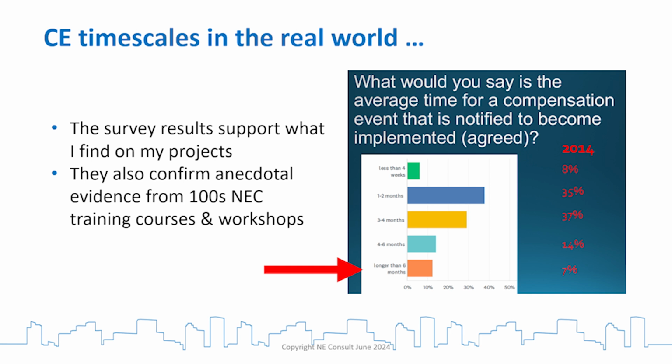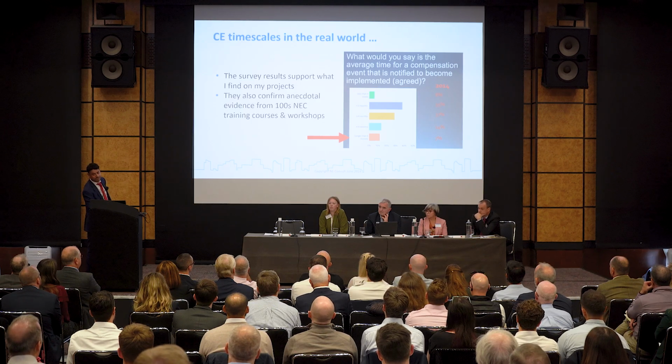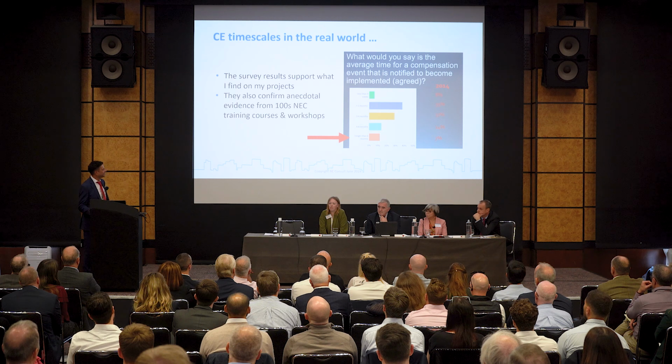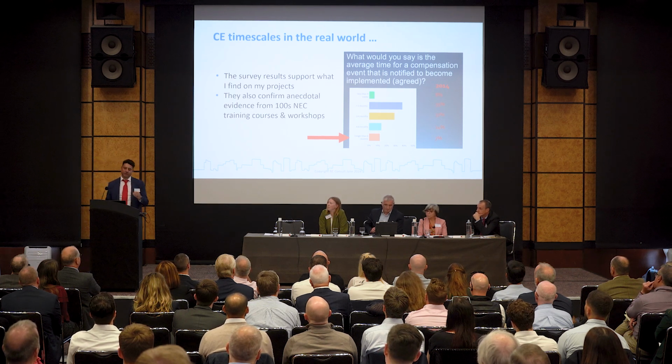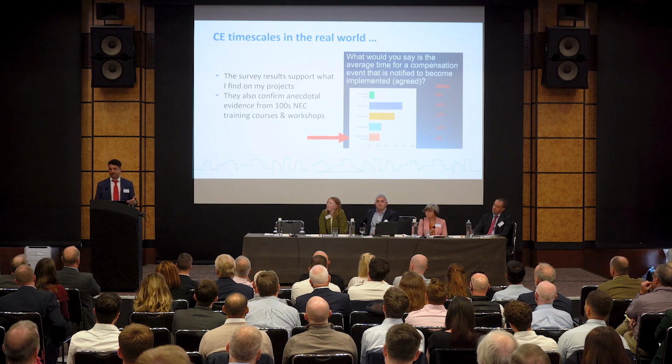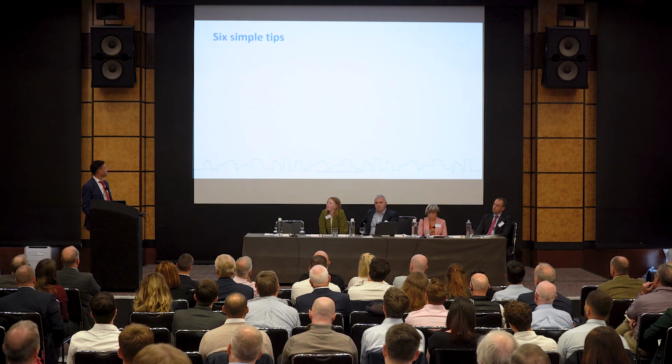And if you look at the change in that from 2014, so over 10 years, the number of compensation events taking longer than 6 months has doubled. Doubled. Yeah? That's a big change. It's a small one on the graph, but it's doubled. And I wonder if the example I've got is the reason for that, or one of the reasons behind it.